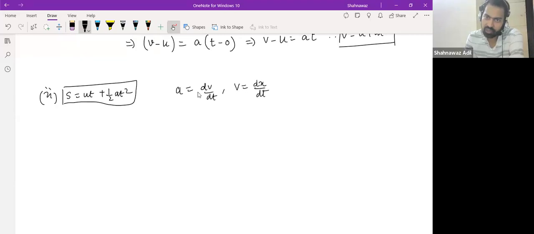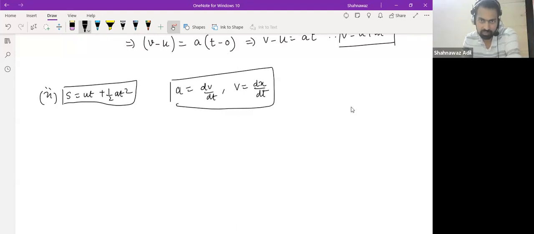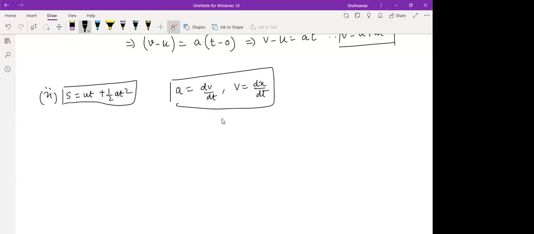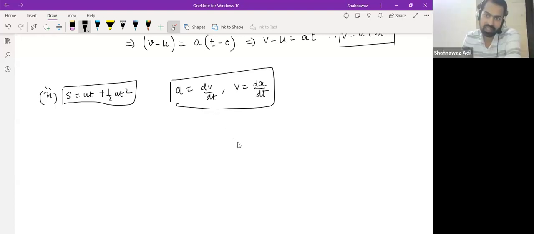So in which differentiation are we getting the distance? First or second one? So this one or this one? Which has the distance?